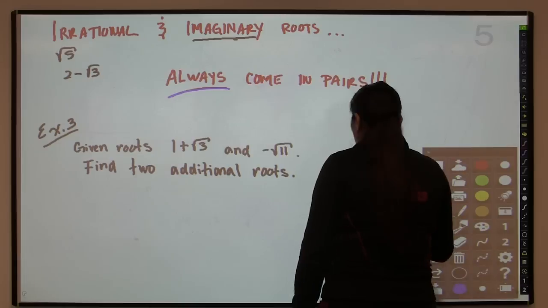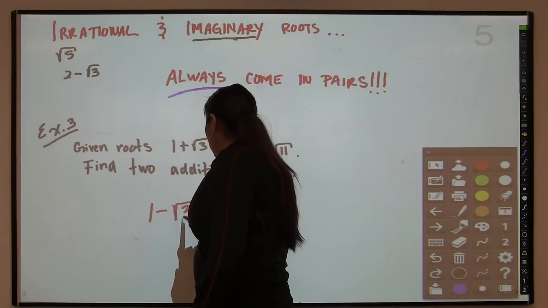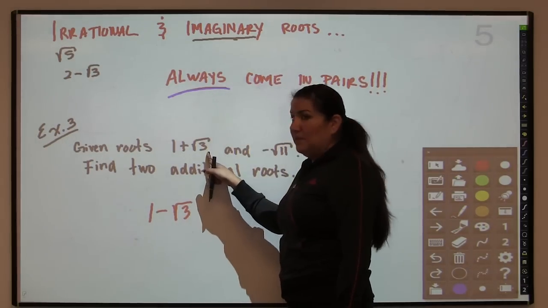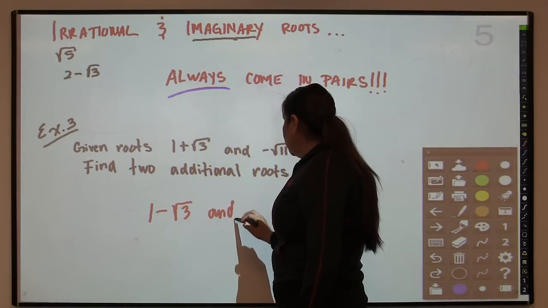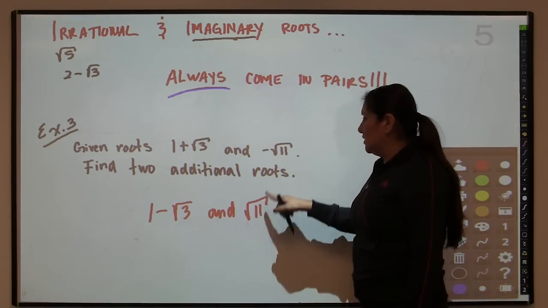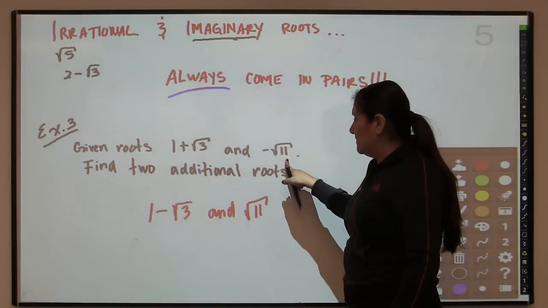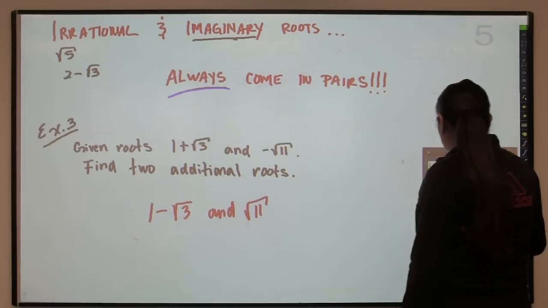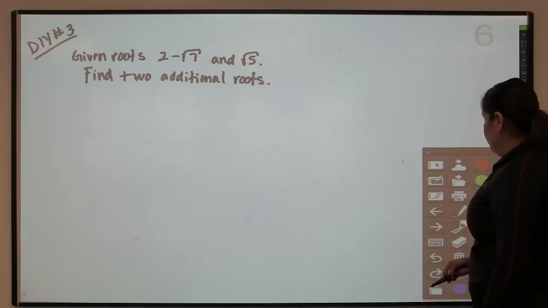The 2 additional roots would be 1 minus root 3, which is the conjugate of 1 plus root 3, and also positive root 11, because positive root 11 is the conjugate of negative root 11. Remember, conjugate just means the opposite. Okay? So now you can find 2 additional roots for this example.